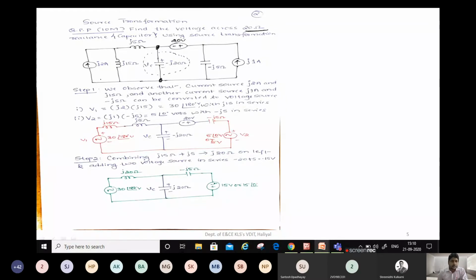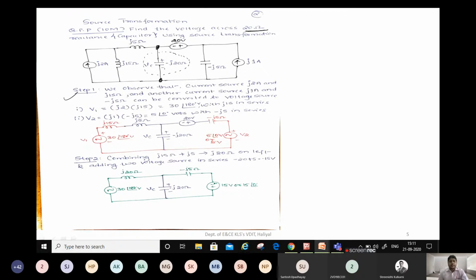By observation, this current source is in parallel with this impedance, and similarly this current source is in parallel with this impedance. So we can convert these two current sources into equivalent voltage sources. That is shown in step number 1.